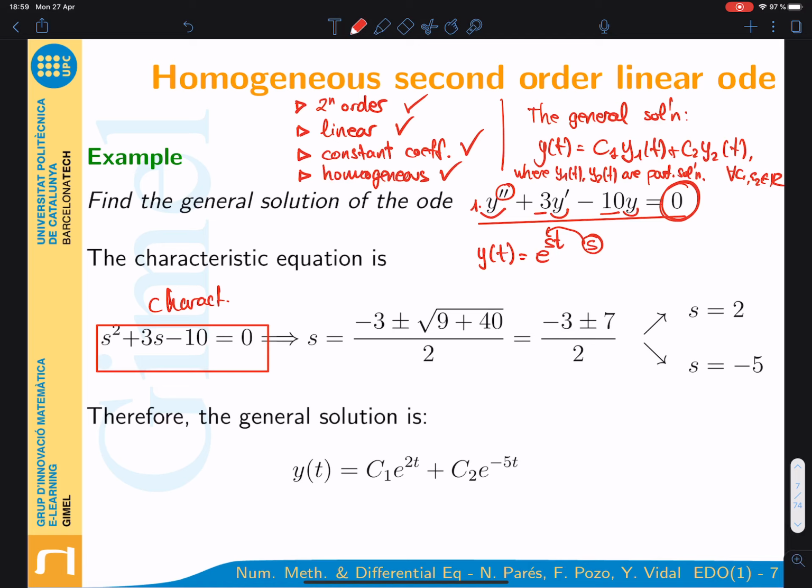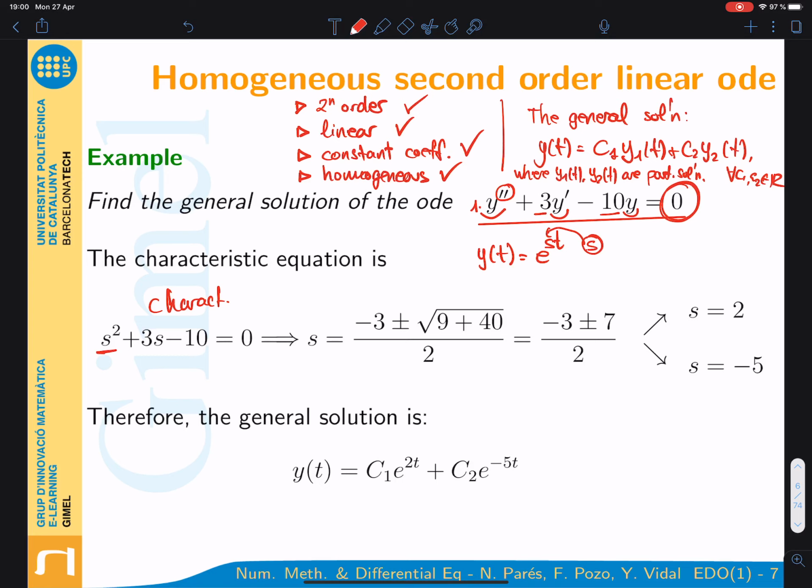Now, the first thing I need to do is to solve the characteristic equation. The characteristic equation is always s squared in the place of y prime prime, plus 3s in the place of y prime, minus 10 times 1 in the place of y, equal to 0. So this is the characteristic equation.